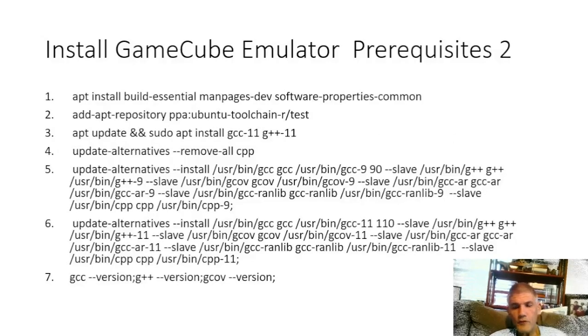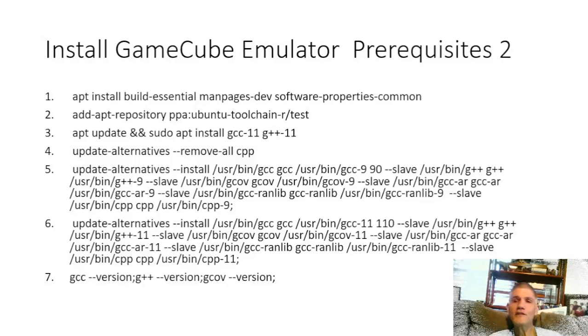Now, before we show the actual screen recording, we have some more prerequisites to install. I'm going to show you the slide for that, and then the commands we're going to run to install the GCC compiler version 11, and how to set that compiler to be the system-wide default, so that we can compile the GameCube and Wii emulator with no issue.